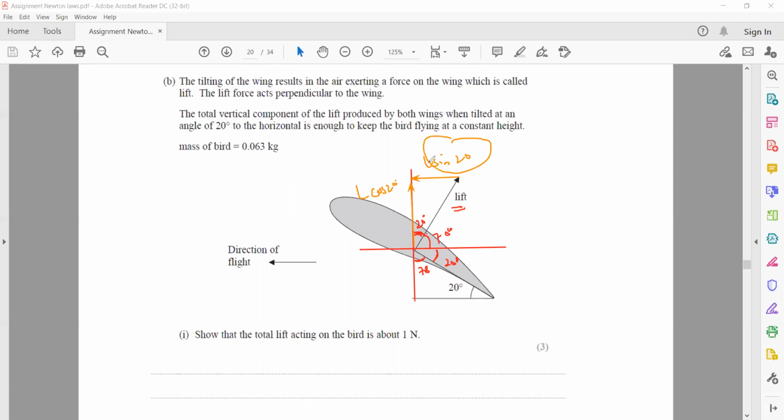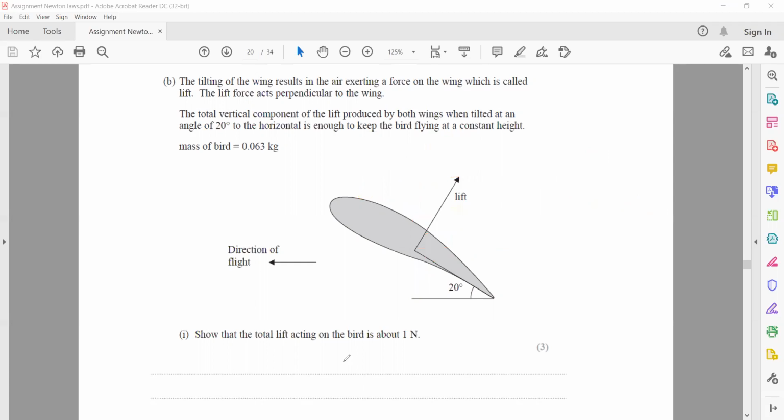So L sine 20 is the component of the lift which is responsible for acceleration. The resultant force is equal to ma. So L sine 20 should be equal to ma, and we'll substitute the value and get the answer for the acceleration. Is this part clear?